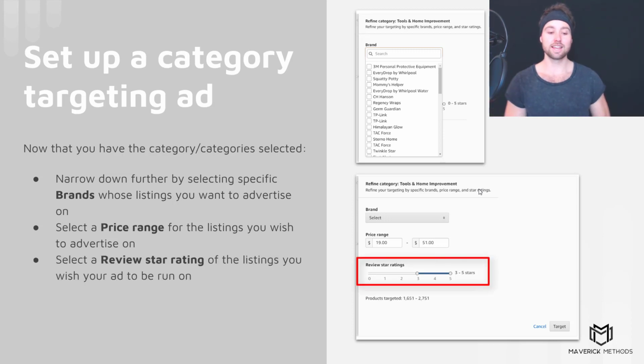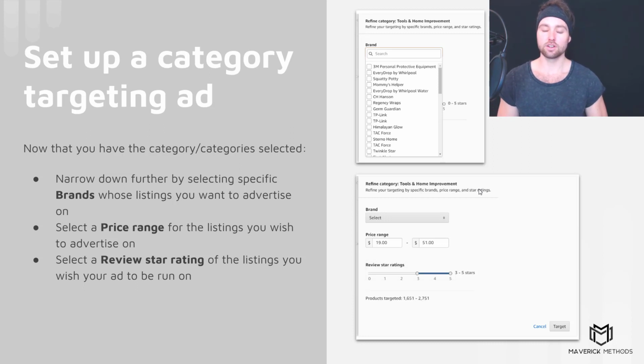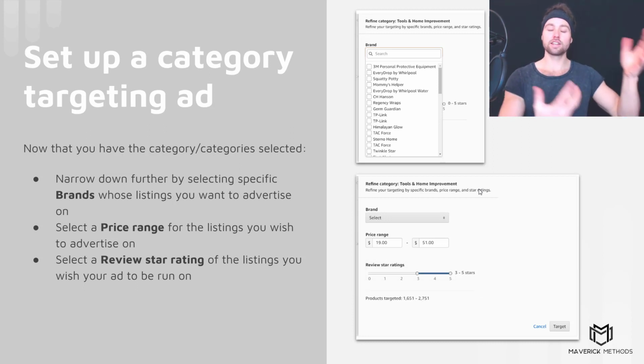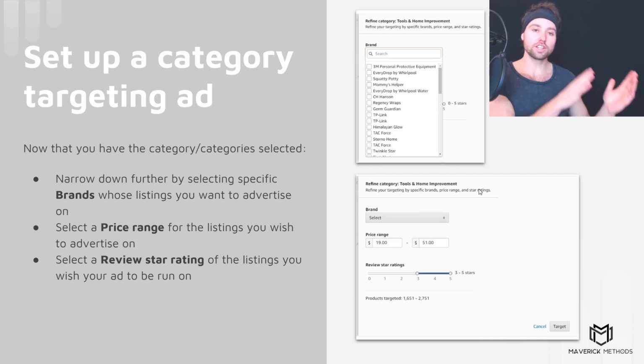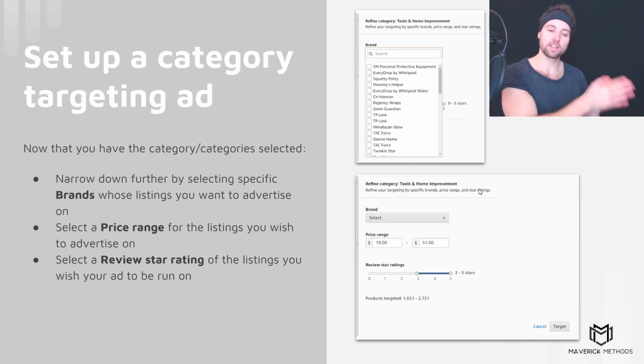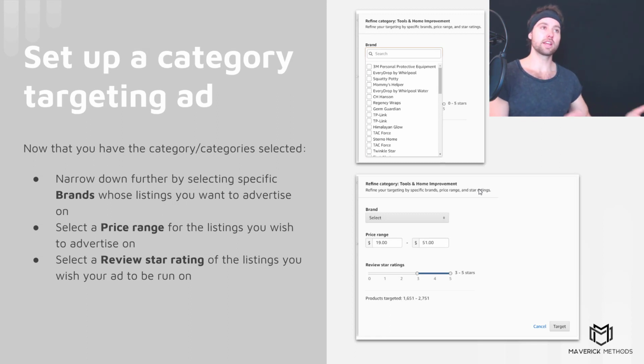Then you can also select a review star rating of the listings you want to show the ad on. So although we've chosen the category and the brand and the price range, and those are already narrowed down, we're only going to show our ad on specific listings that have a specific review star rating. And we might choose to do 3 and 4 star because we're directly competing with the products we're sponsoring on.